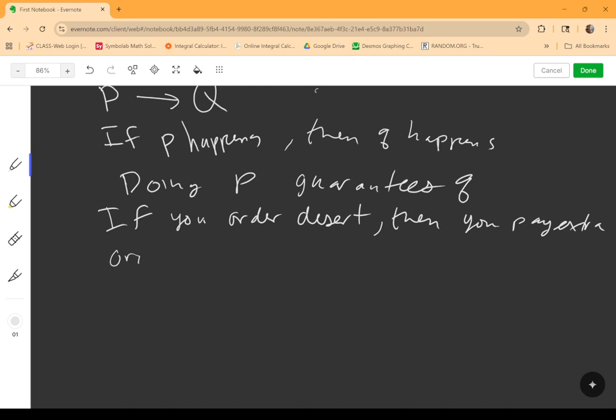We could say ordering dessert is sufficient for paying extra.